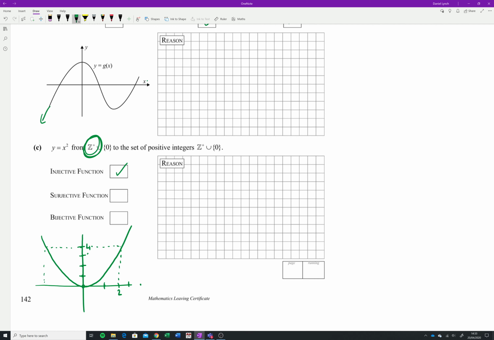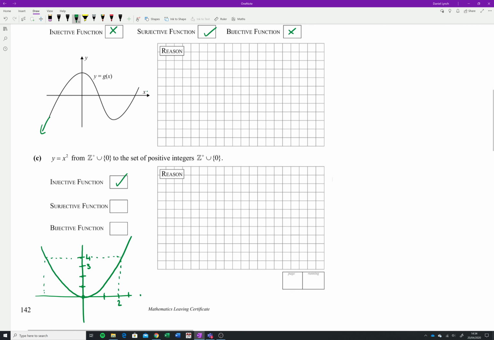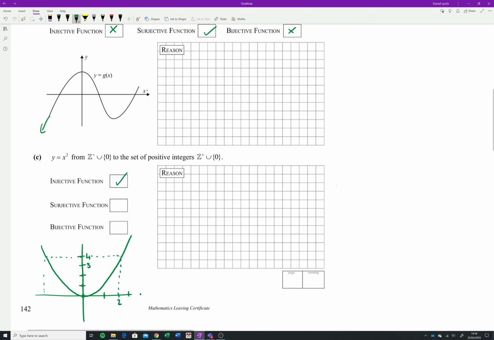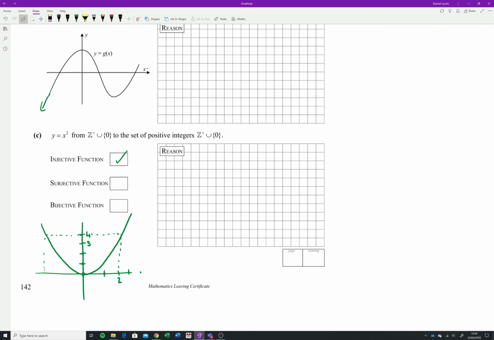3, for instance, is going to be important in a second. 3 does not have an associated value. 3, of course, has √3, but the associated values have to be whole positive numbers, which √3 isn't. So that does answer our question for surjective. Surjective means every y value has to be covered.